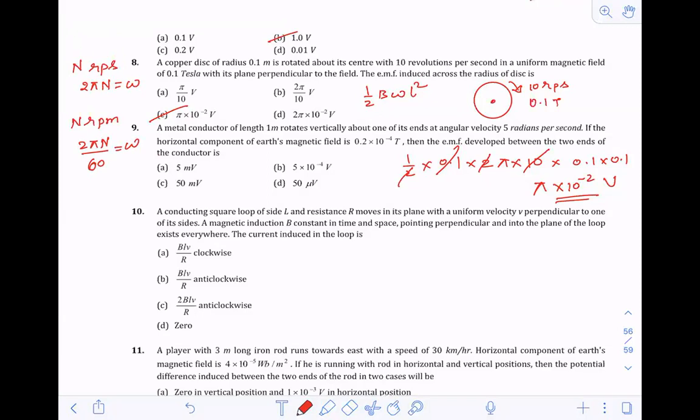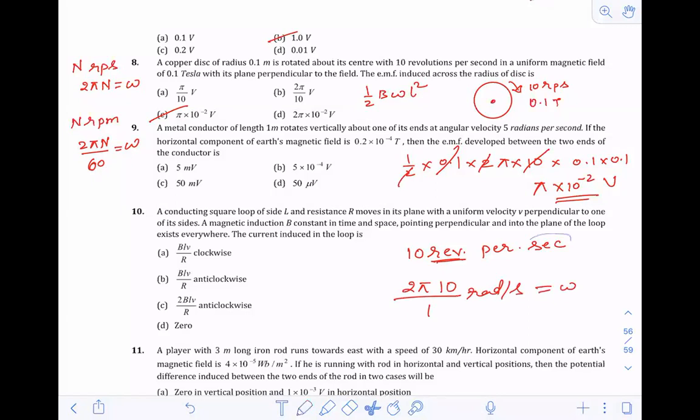Revolutions per second means in 1 second it does one revolution. If it is doing 10 revolutions per second, in 1 revolution it makes 2 pi angle, so in 10 revolutions it will make 2 pi into 10 angle. This is angle per second, already divided by 1, so you just multiply with the angle 2 pi. Now it is radian per second, so this is already the omega value.